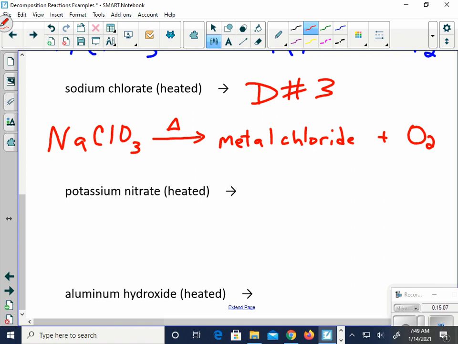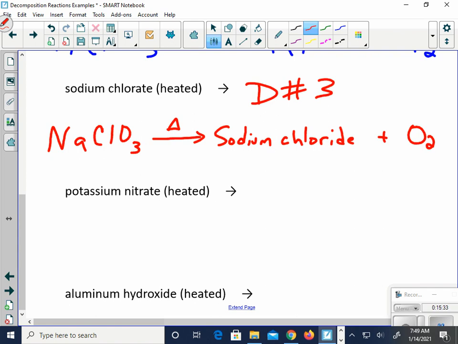Remember, oxygen's a super 7 also. Oxygen's a diatomic, so we have to have that O2. Ella, what is my metal I'm dealing with? Sodium. So I can replace that. It's going to give me sodium chloride.